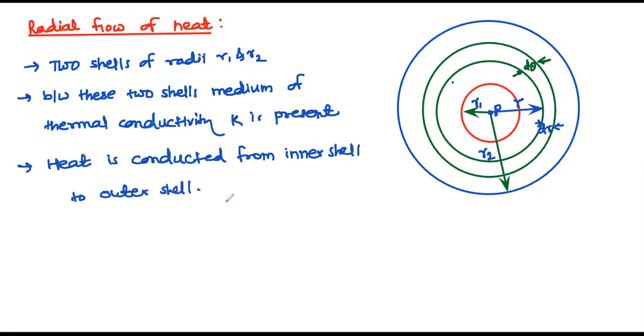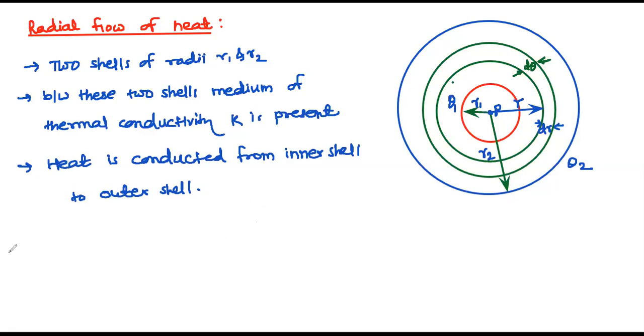Okay, and what is the temperature here? This is theta 1. This is theta 2. This is theta 1, and this is theta 2. Now, we have chosen element dr at a distance r from the point P.